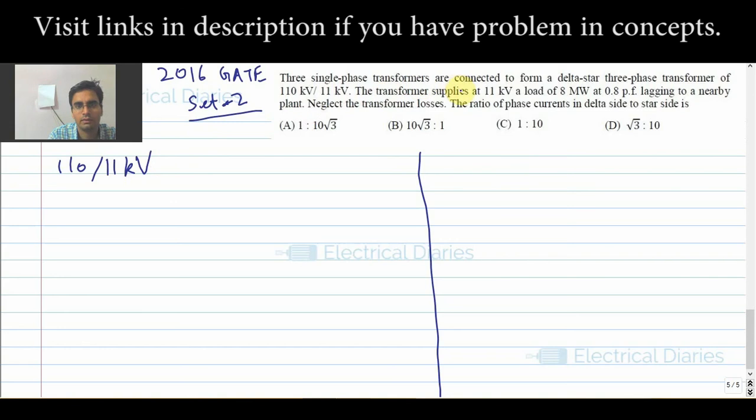The transformer supplies at 11 kV a load of 8 megawatt at 0.8 power factor lag to a nearby plant. Neglect the transformer losses. Find the ratio of phase currents in delta side to the star side.